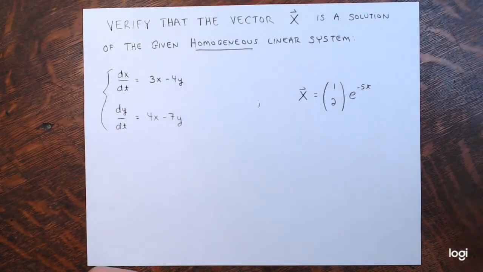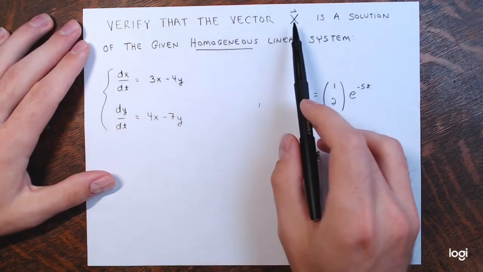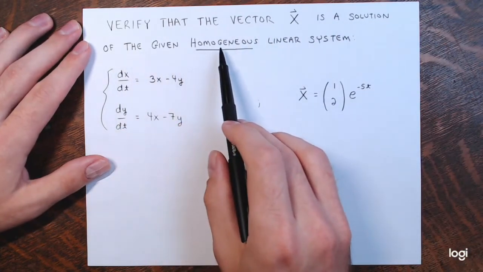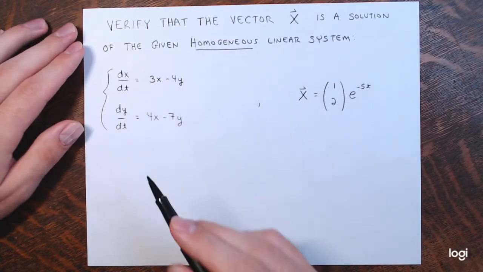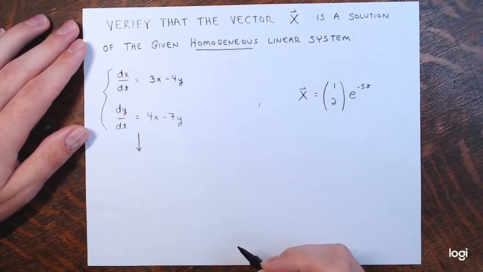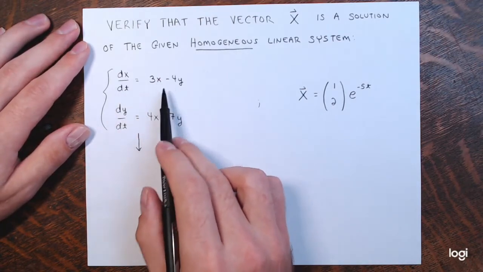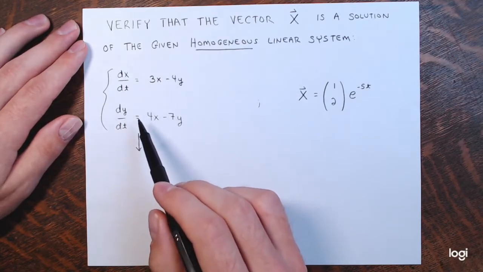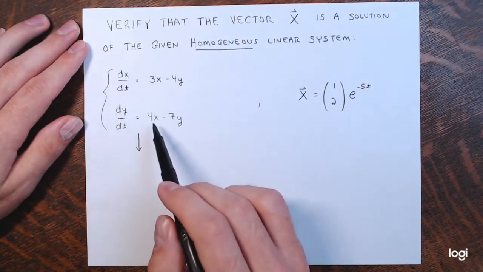All right, so I've only got a couple of these. I'm asked to verify that the vector x is a solution of the given homogeneous linear system. You might recall from a previous video, I'm going to write these systems in matrix form if they're not already.